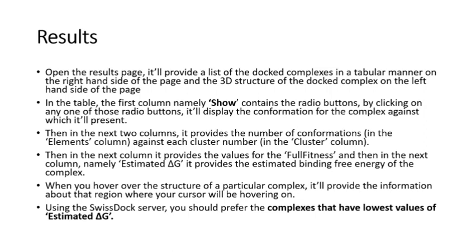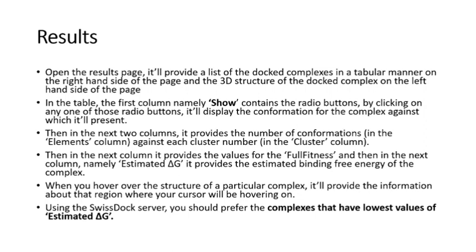You can check which area of the protein it is binding to, and from the delta G value you can find out how firmly or how effectively the ligand is binding to the target.